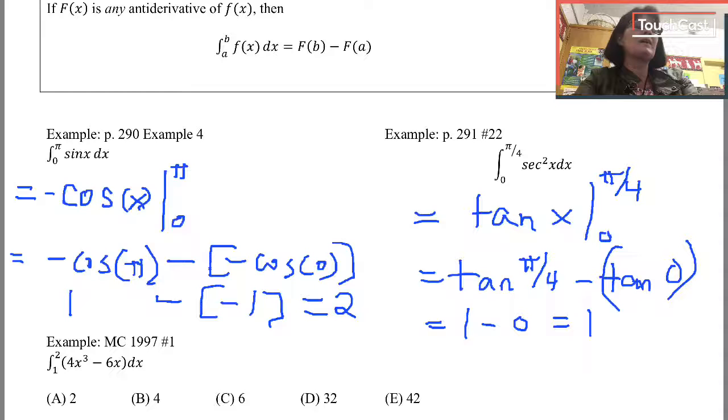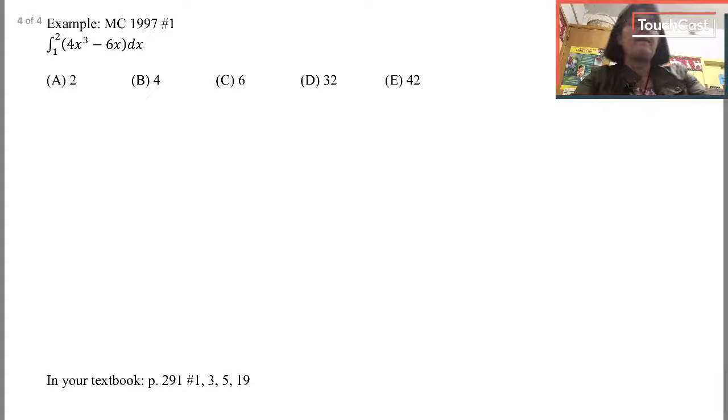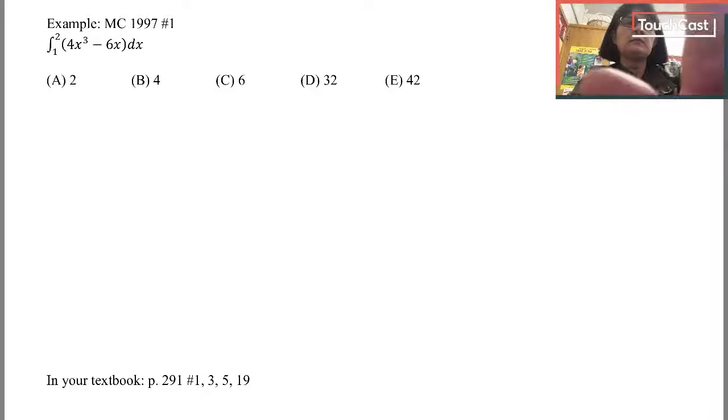For this last example, we're going to need to undo the power rule. We'll watch what that looks like. So if I need an antiderivative for 4x cubed minus 6x, I'm going to write the 4 and the x.